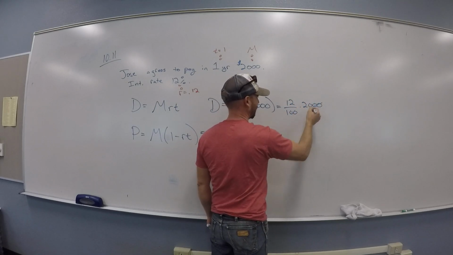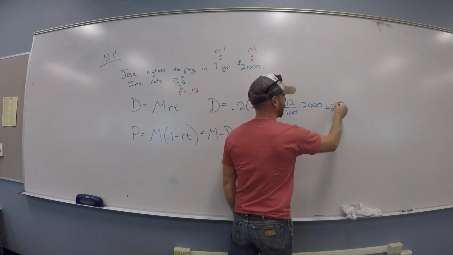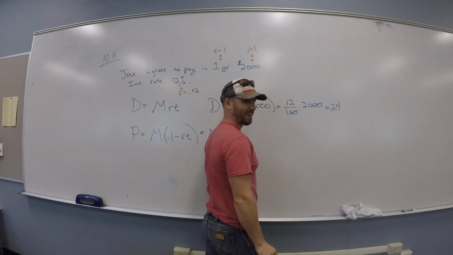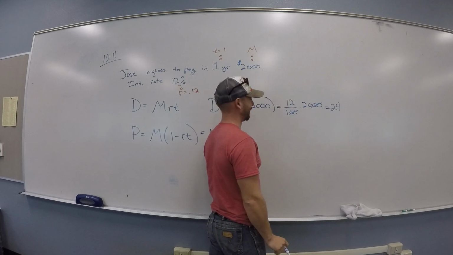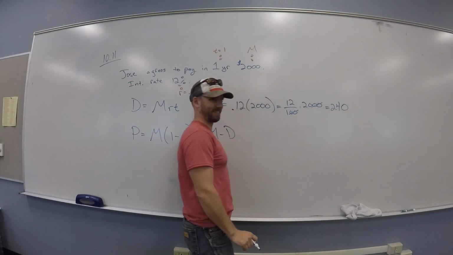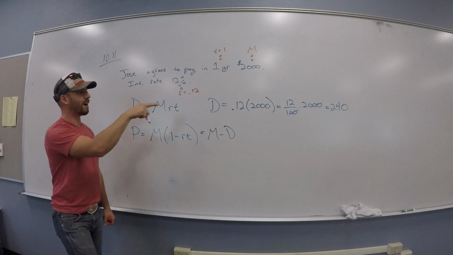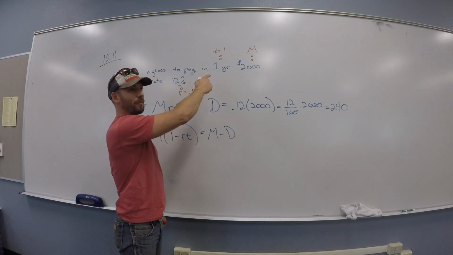It definitely starts with a 24 and has one zero: 240. Not bad. The discount's definitely not going to be more than the maturity amount, right?